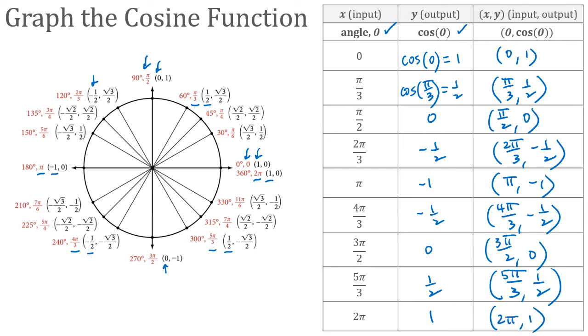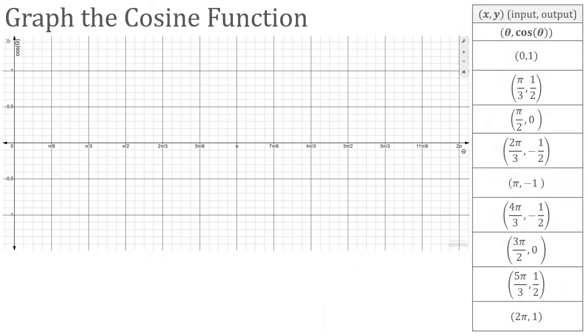So now what I want to do is pick up these points, plot them, and create a cosine function. So here are those inputs and outputs, those points. And just like we did with the sine curve, let's go ahead and plot those. So 0, 1 is going to be up on that vertical axis. Pi over 3, 1/2.